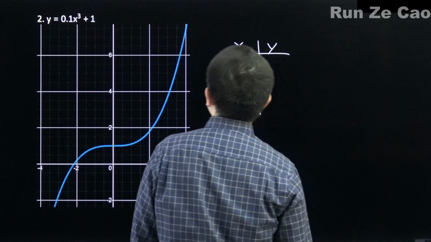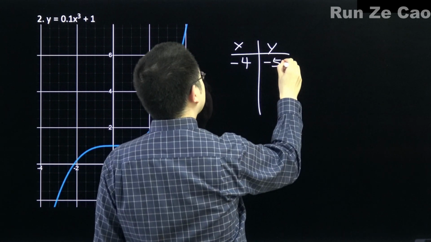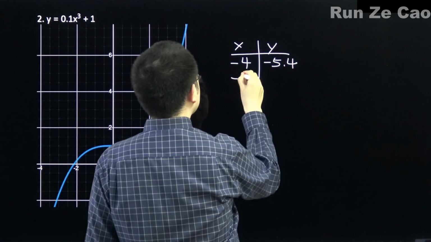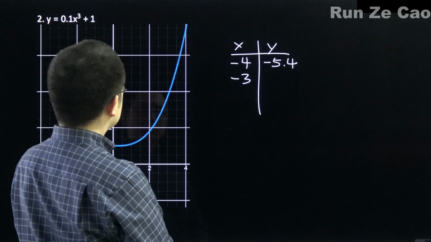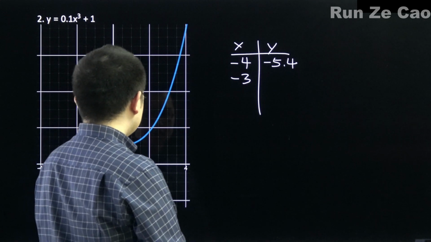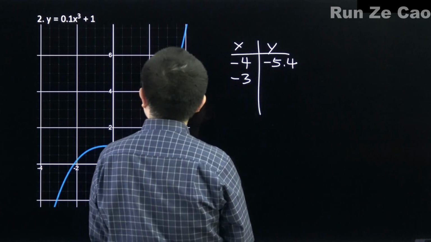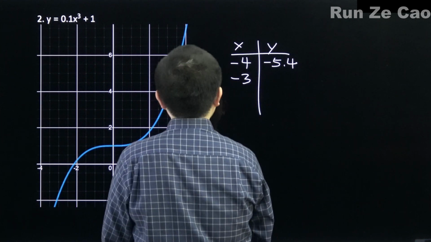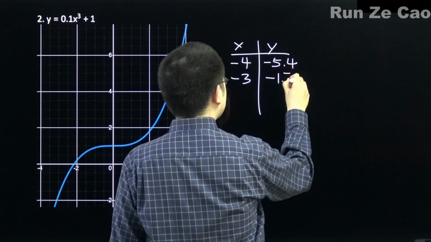Oh, that's negative 6.4, plus 1, that's negative 5.4. Negative 3 cubed is negative 3 times 9, which gives us negative 27, times 0.1, that's negative 2.7, plus 1, leaves us with negative 1.7.